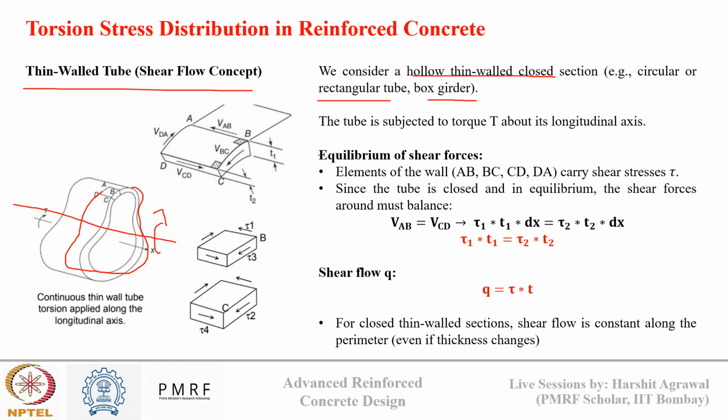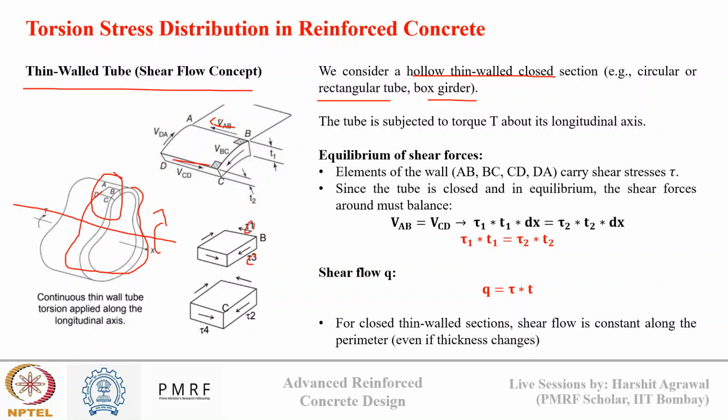So if we take a small section ABCD on its surface, then this section will carry some shear stresses tau 1, tau 2, tau 3, and tau 4 across its surface. Since it is in equilibrium, the shear force acting in the horizontal direction will be equal.